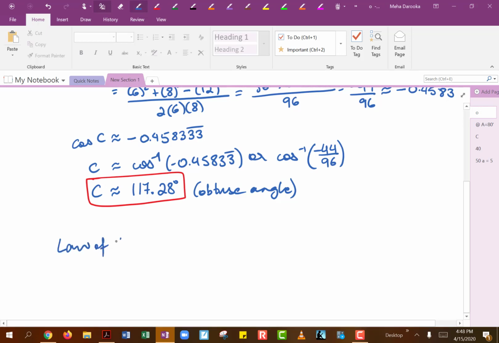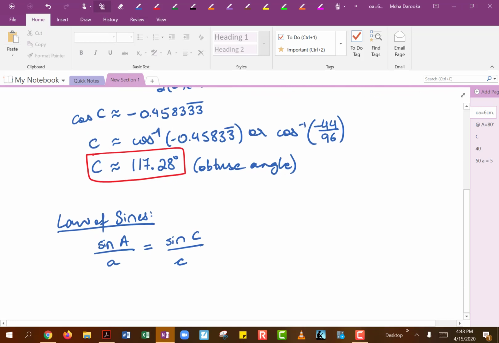So using law of sines over here, let's go ahead and find angle A. So for angle A, I am going to use the formula sine of A over A equals, since we just found angle C, we can now use sine of C over side C. And again, to get sine of A by itself, we'll go ahead and multiply both sides by A.